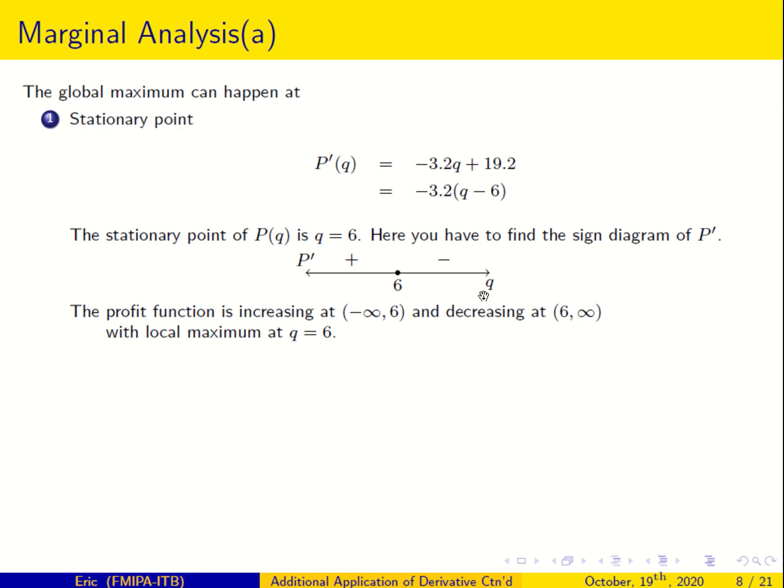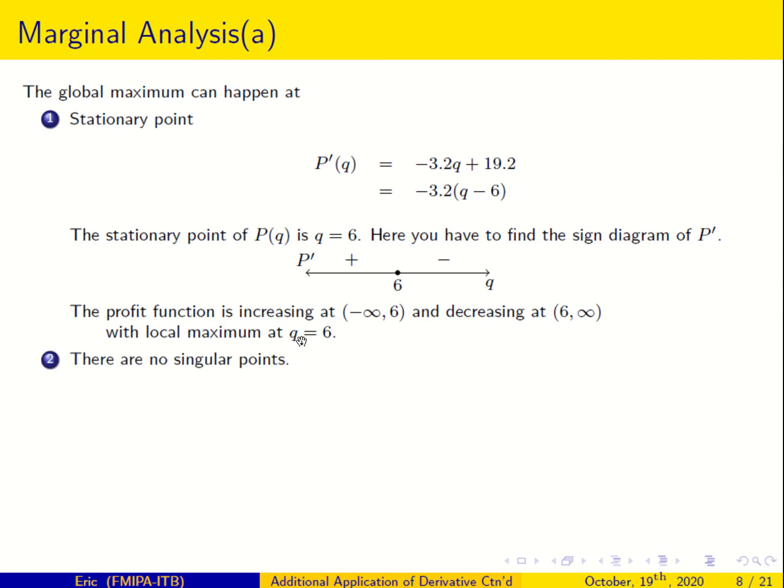Don't forget the quantity starts at 0, so we have 0 to 6 and 6 to infinity. The profit function is increasing on (0, 6) and decreasing on (6, infinity). So it goes up and then down, and 6 is going to be the maximum of the profit.